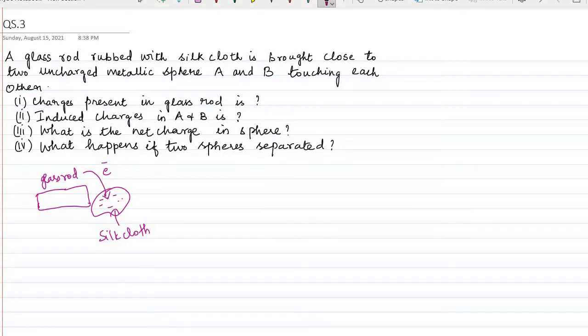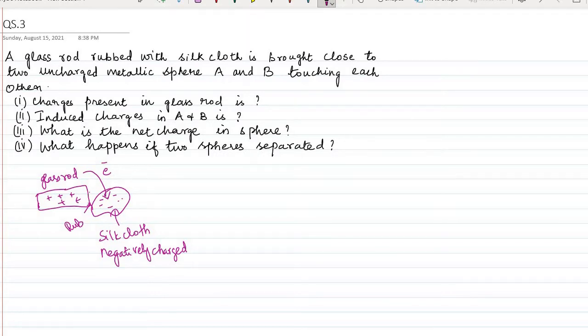and this silk cloth becomes negatively charged. Glass rod, after donating the electrons, becomes positively charged. So you have to rub the glass rod with the silk cloth, both have to be rubbed.